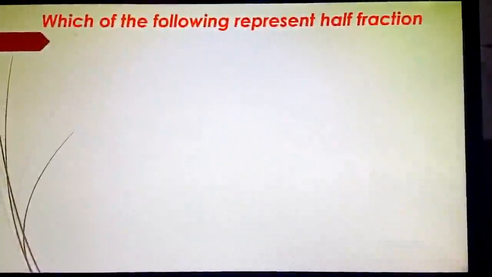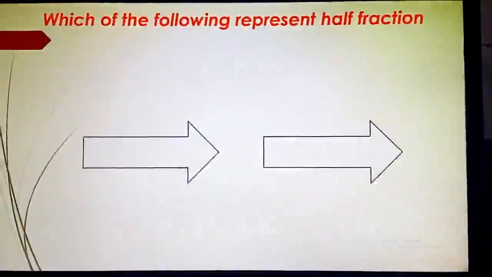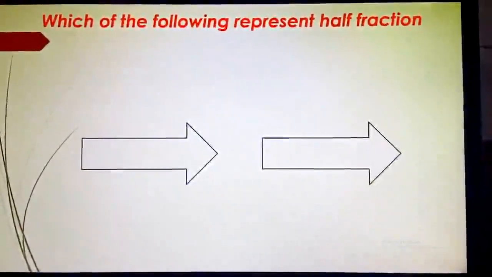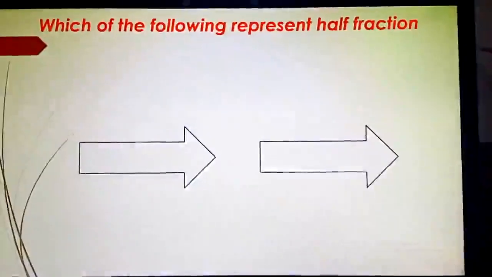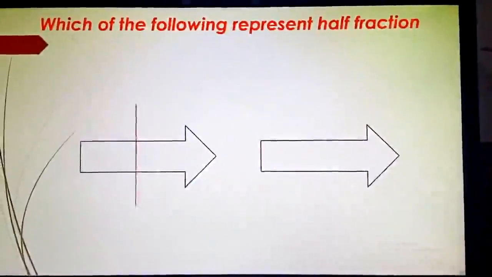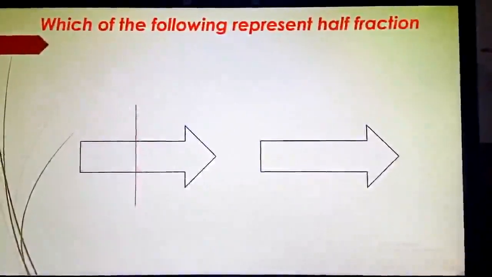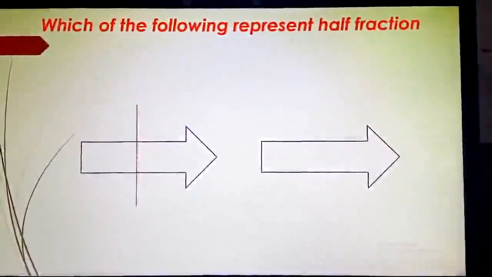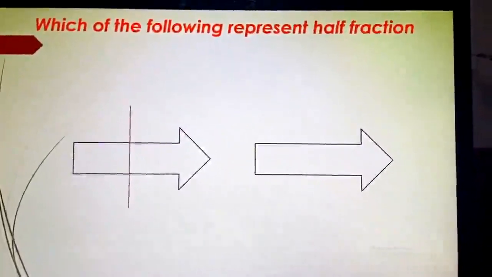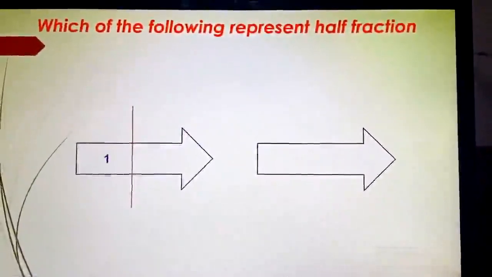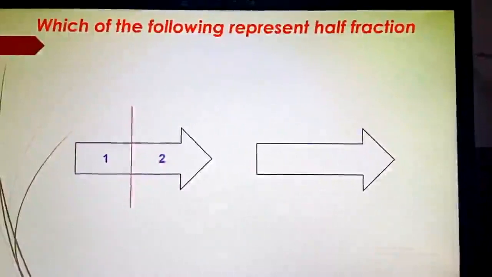Okay. At the end, we must know that we cannot write fraction from unequal parts. So, in the following shapes, which of the following represent half? In the first shape is cutting by this line, but here this line doesn't divide the shape into 2 equal parts because part 1 not equal to part 2.